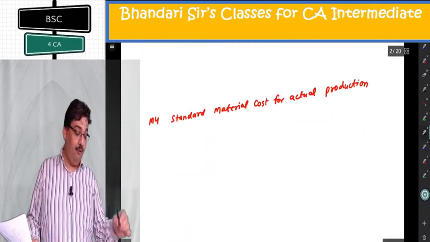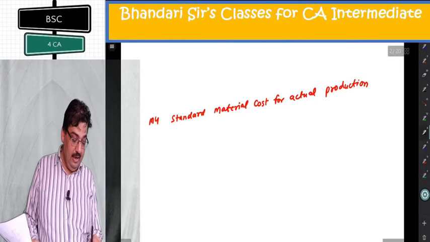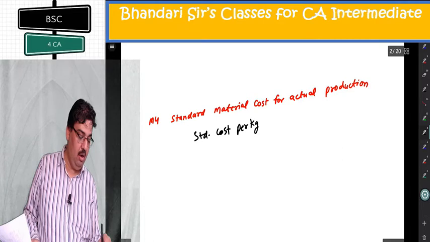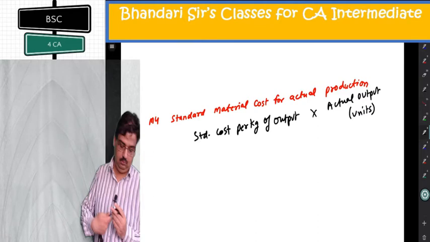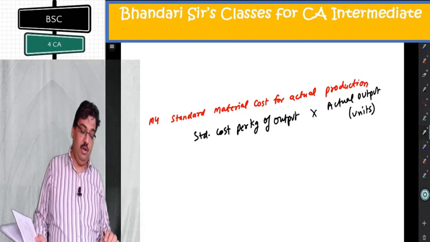Now for the purpose of M4, I need standard cost per kg of output multiplied by actual output in units.